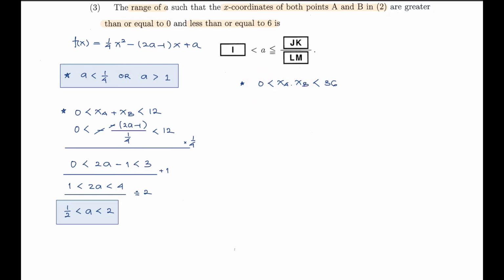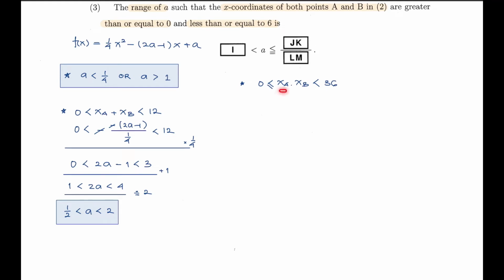So it is possible that xa times xb equals 0. But it is impossible that xa times xb is 36, because if one number is 6, the other number is impossible to be 6. It must be less than 6, and 6 times less than 6 is less than 36. So on the 0 side, I will put equals to.